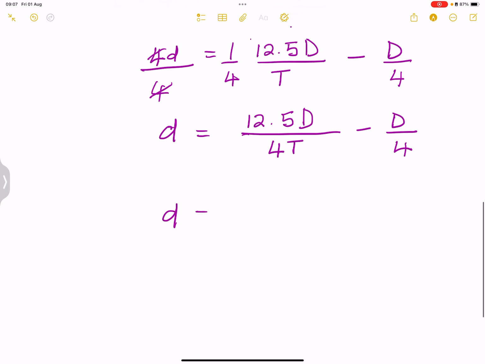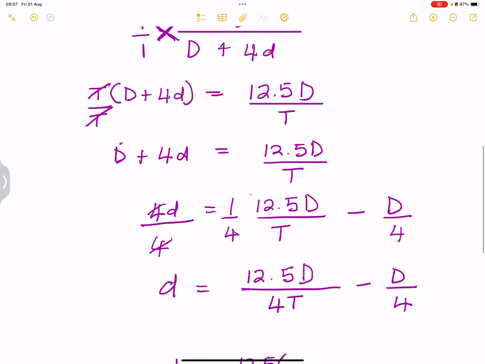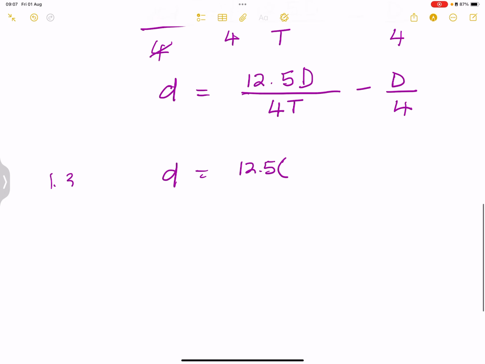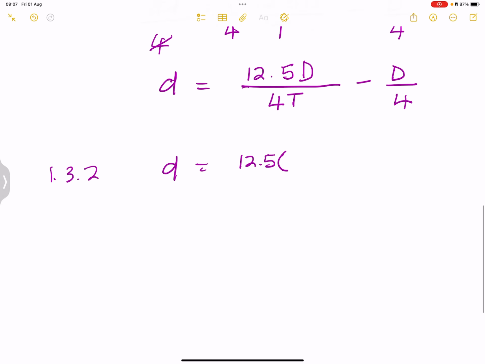That would be 12.5 multiplied by 10. So this would be 1.3.2. They said big D, remember, that was 32 and t is 10. So that's multiplied by 32 centimeters divided by 4 multiplied by 10.